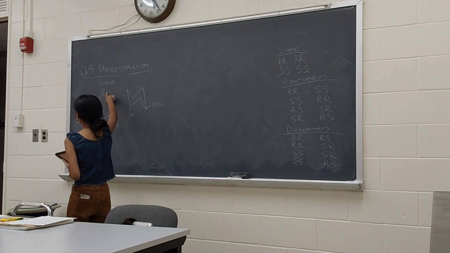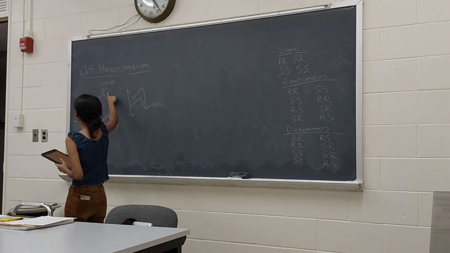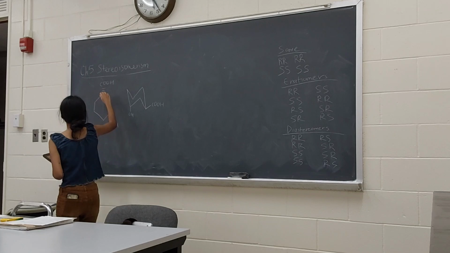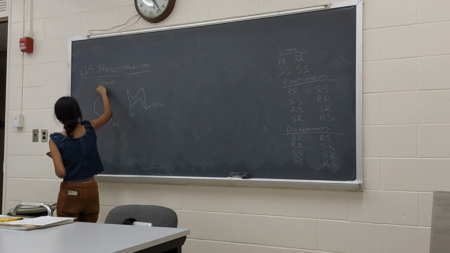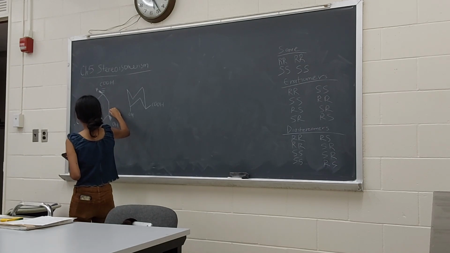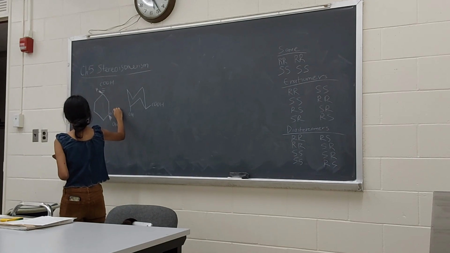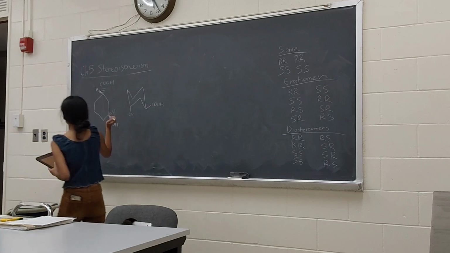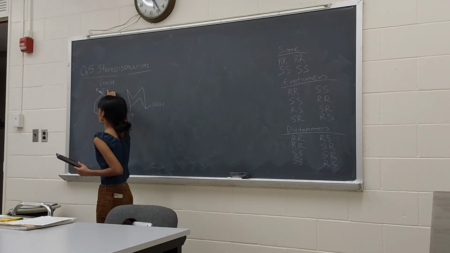This carbon is missing something, right? The hydrogen. This one is also missing a hydrogen. Oh, by the way, if a group is on a dash, the hydrogen is going to be on the wedge.